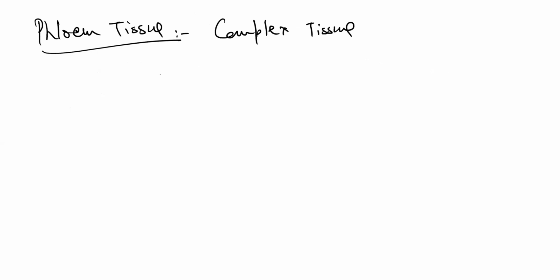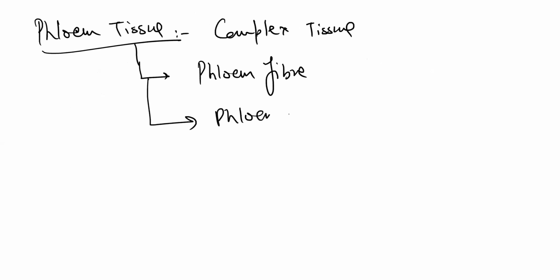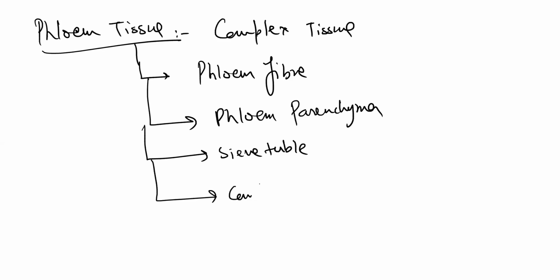Phloem tissue helps in the conduction of food in the plants, and it consists of four parts: phloem fiber, phloem parenchyma, sieve tubes, and the last one is companion cells. And these both help in conduction of food.